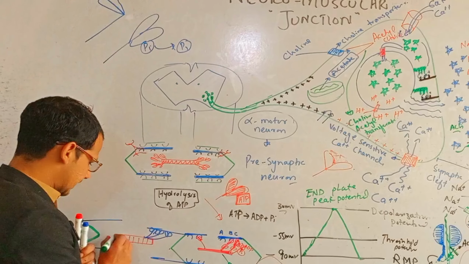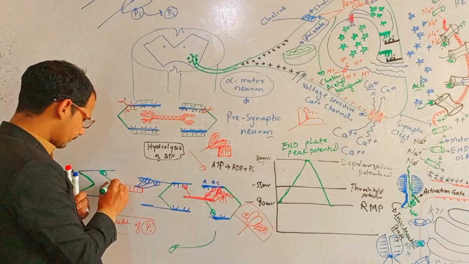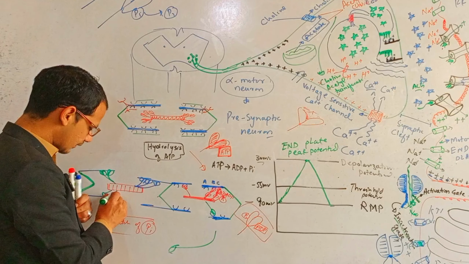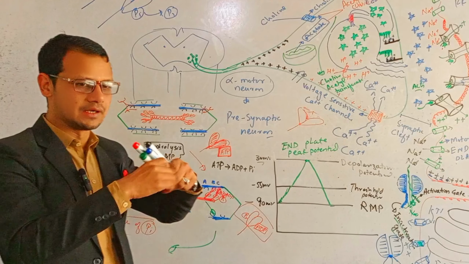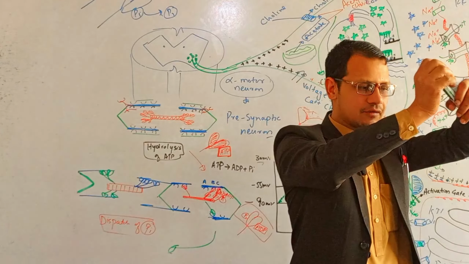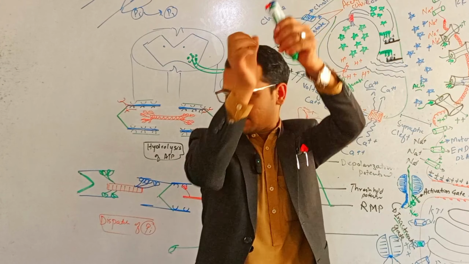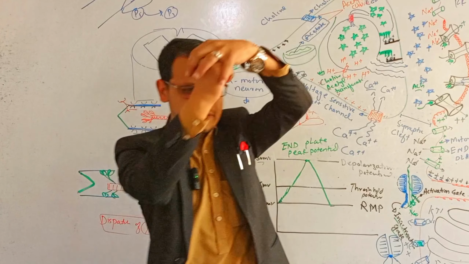This phenomenon is called the power stroke because now the myosin heads are using their power. So for example, all these heads become like this. This is the myosin head, and after hydrolysis of ATP, it binds here like this.